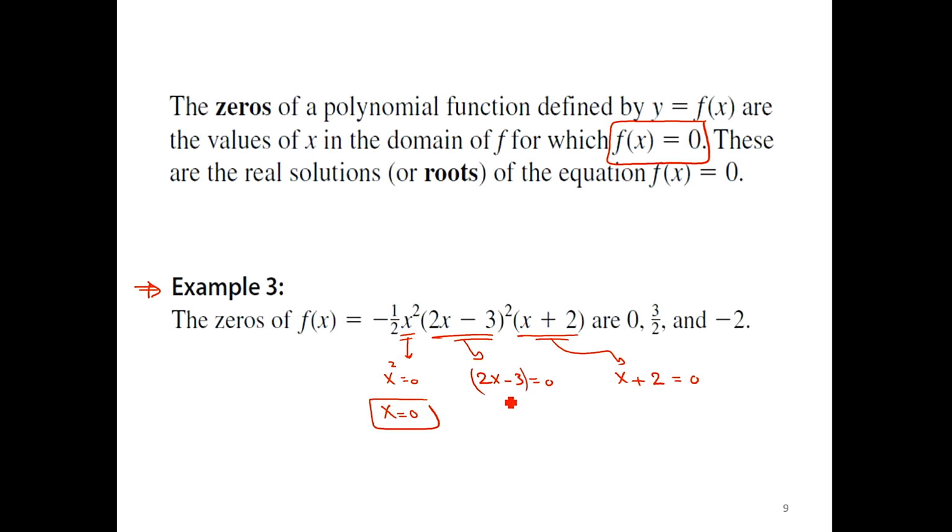Also, if we have brackets to a power equal to 0, then inside the brackets must equal 0. So after taking the root of (2x minus 3) squared, we have 2x minus 3 equals 0. So x equals 3 over 2.